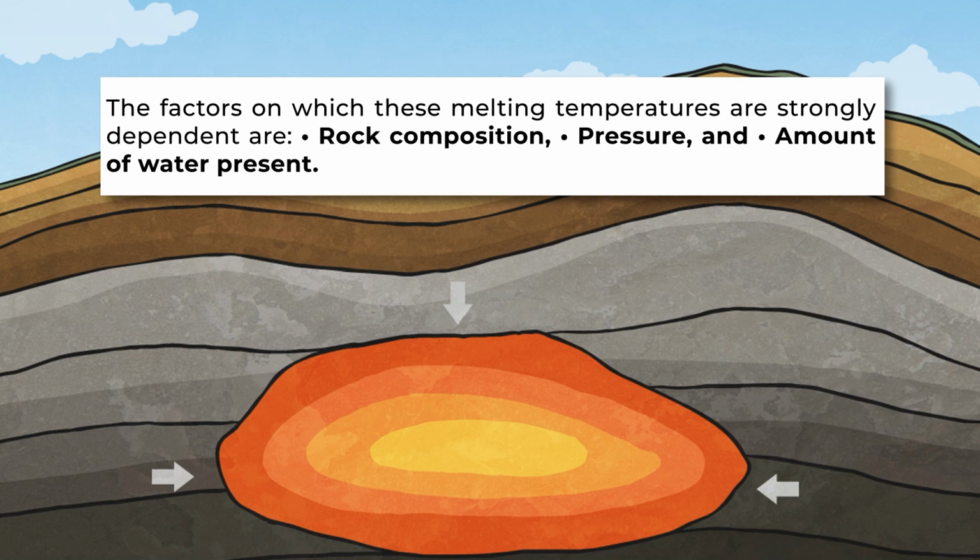Obviously, the factors on which the melting temperature depends are rock composition, the nature of the rock, the pressure under which the temperature change is going on, and also the fluids; the water which is present can affect the stability of the minerals.